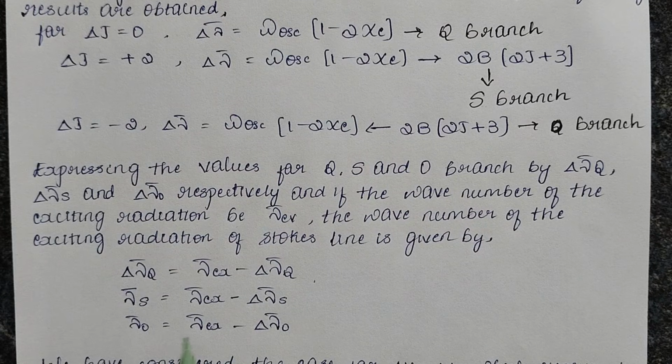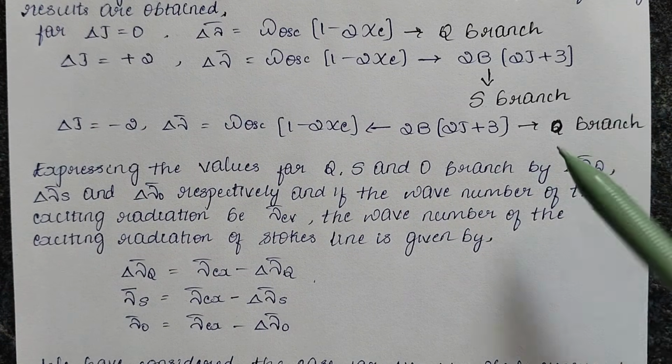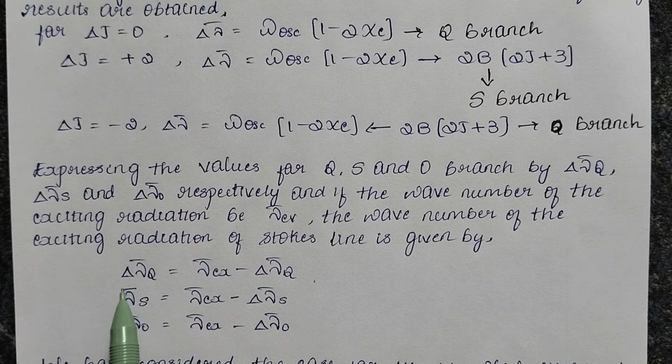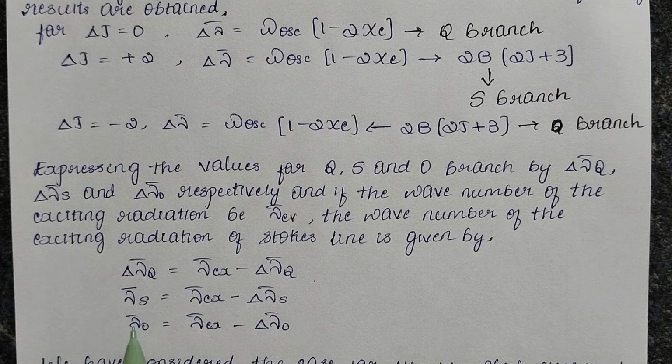The frequencies corresponding to the branches Q, S and O are: mu bar Q is equal to mu bar EX minus delta mu bar Q, mu bar S is equal to mu bar EX minus delta mu bar S, and mu bar O is equal to mu bar EX minus delta mu bar O.